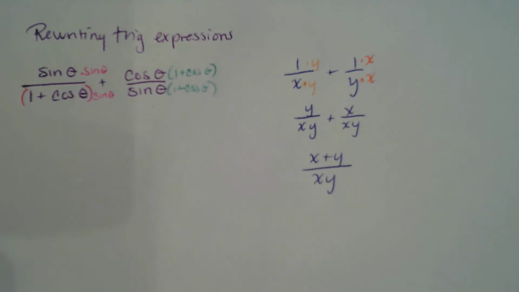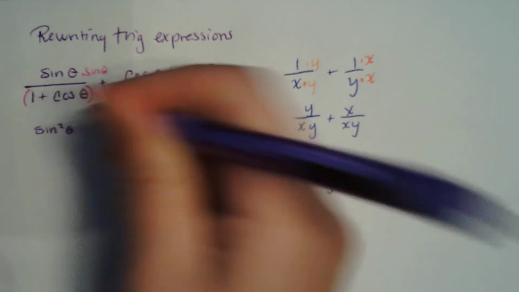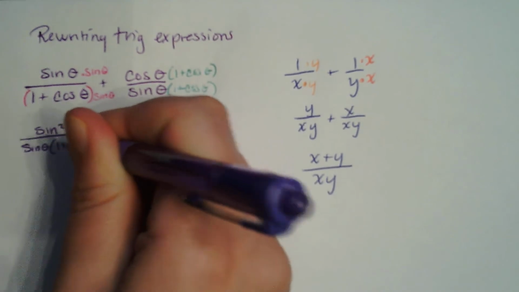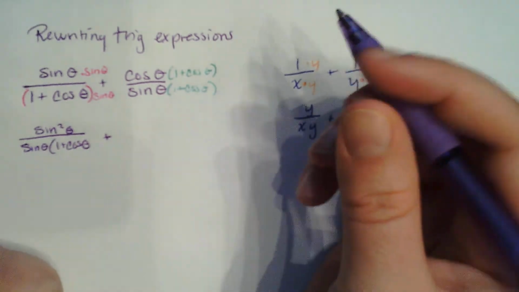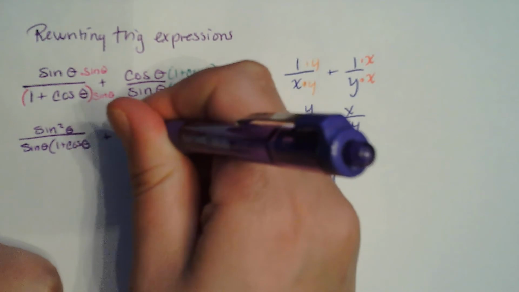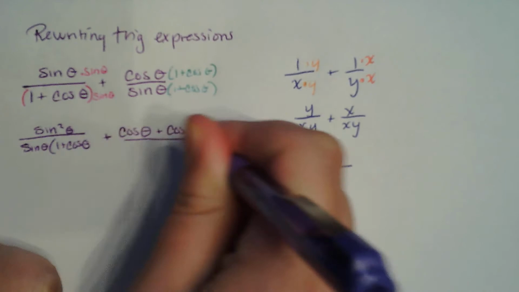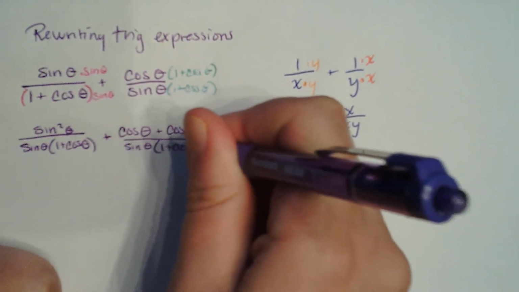All right, let's see now. We can rewrite them both and combine anything that we can. So this left one will be sine squared theta over sine theta times 1 plus cosine theta. Over here we're going to have cosine theta plus cosine squared theta over sine theta times 1 plus cosine theta.